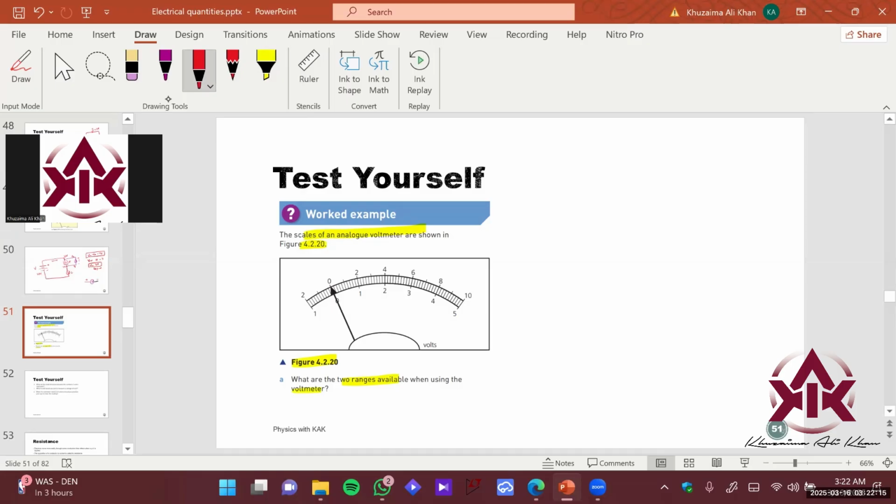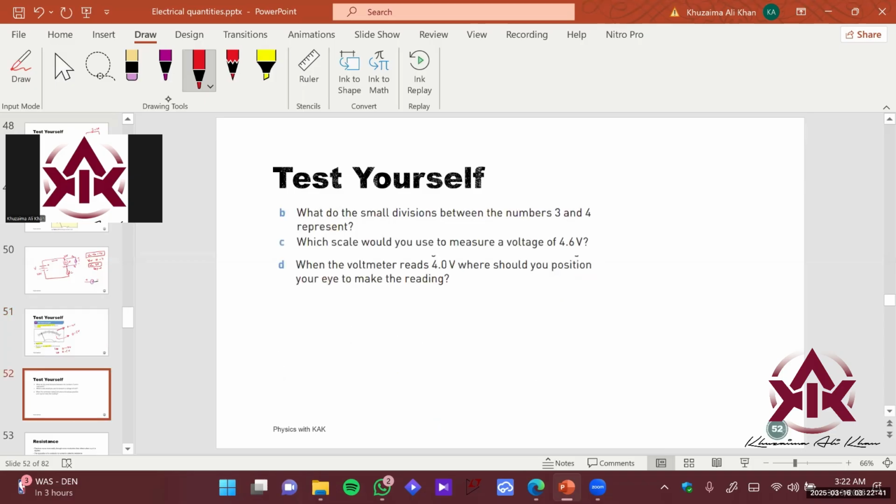The top one can measure 0 to 10 volts, and if you use the bottom scale, it can measure from 0 to 5 volts. So these are the two ranges available on this voltmeter: 0 to 10 and 0 to 5 volts. This question comes in exams, MCQs, so make sure to know this.